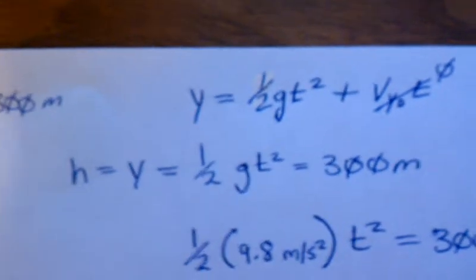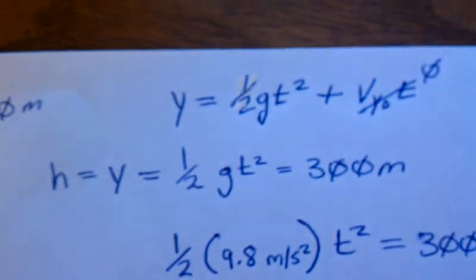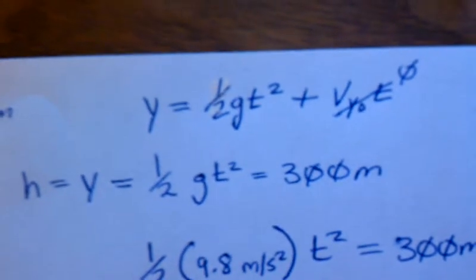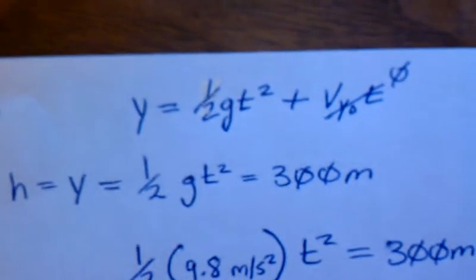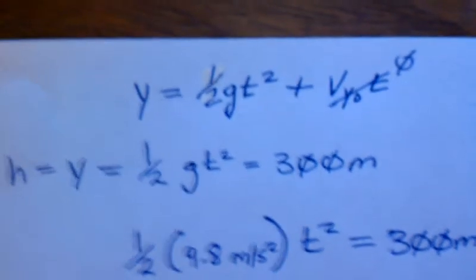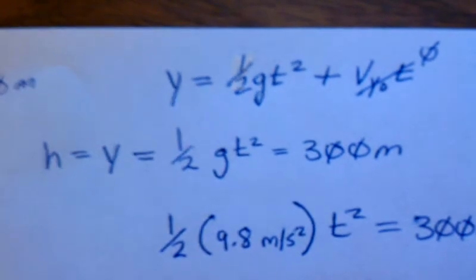Now, part D. We know the height is 300 meters. We know that y is found by 1/2 gravity times time squared plus the velocity in the y axis, or the original point, times time. And that's 0 because the original velocity in y is 0. So h equals y equals 1/2 g t squared equals 300 meters.